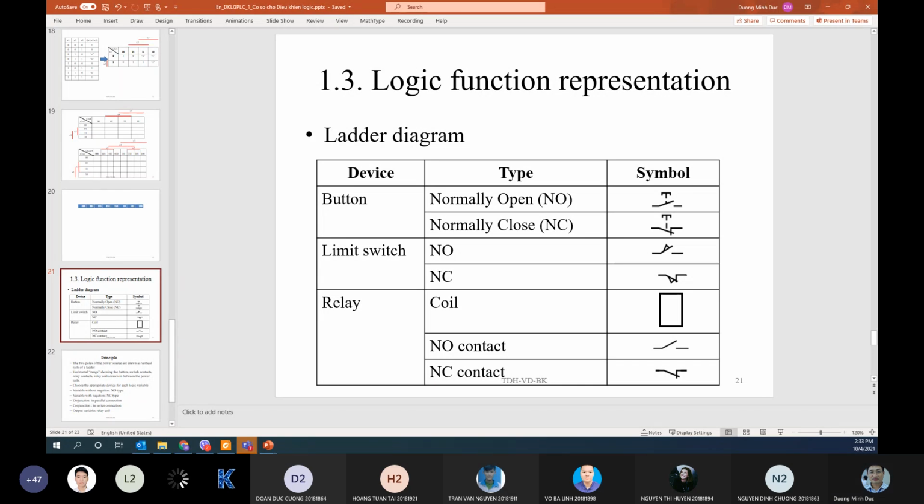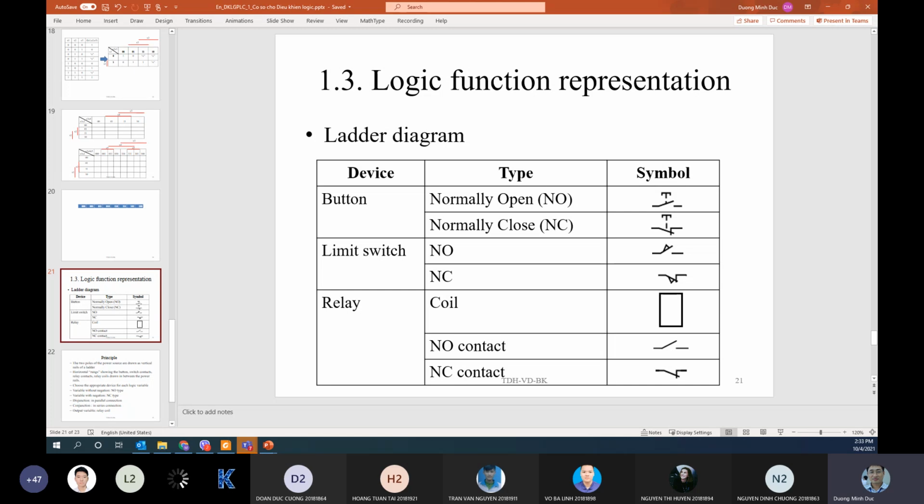However, we have another way, and this way is older and more convenient in some ways, especially in industry, especially when we don't have a chip. They call that the ladder diagram.